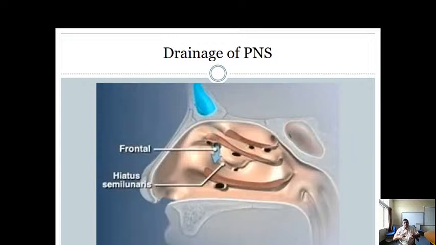So the various bones we have seen form the basic structure of the nasal cavity. Then we go to the various linings of the nasal cavity. There are three kinds of linings. The anterior part of the nasal cavity is lined by skin and is called the vestibule, where you have the hairs called vibrissae.